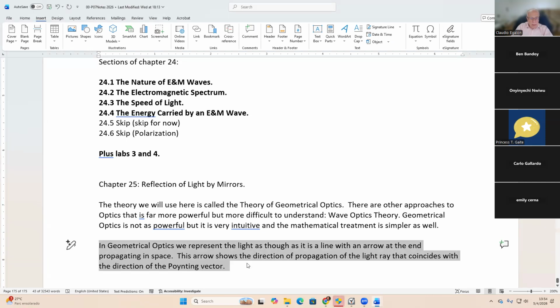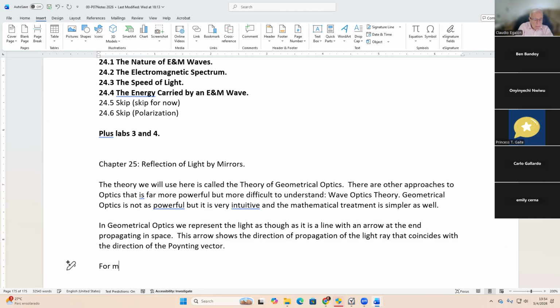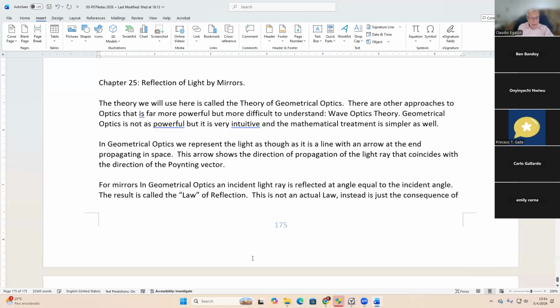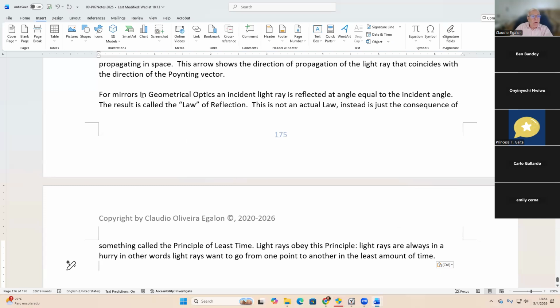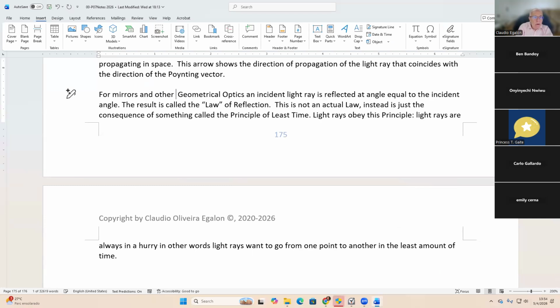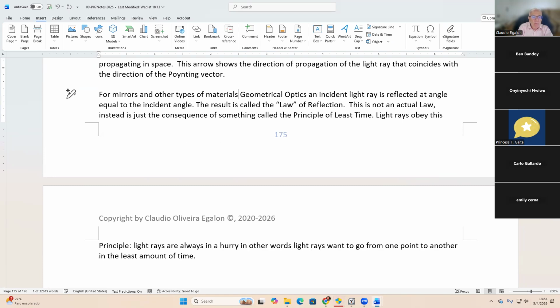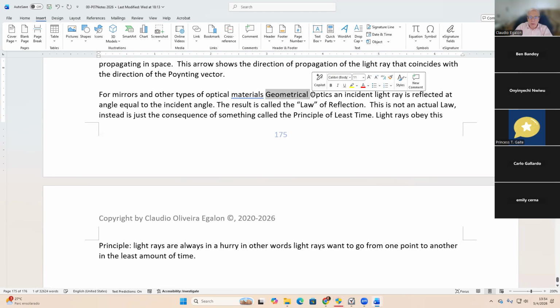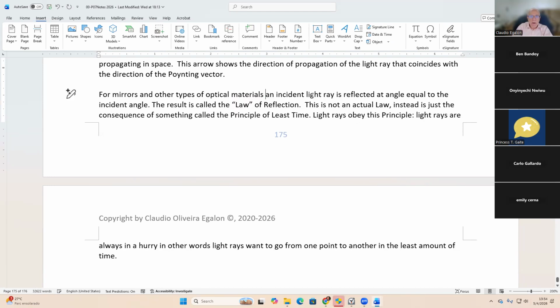For mirrors and other types of optical materials, an incident light ray is reflected at an angle equal to the incident angle.